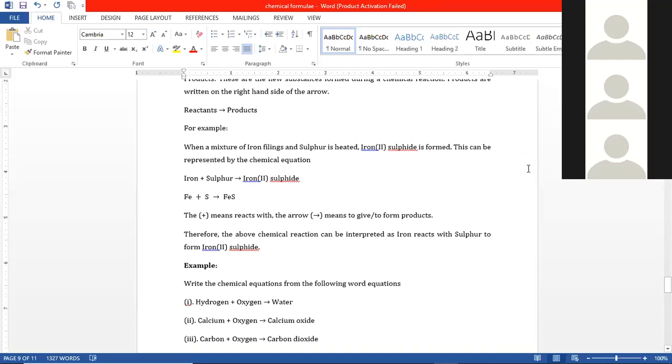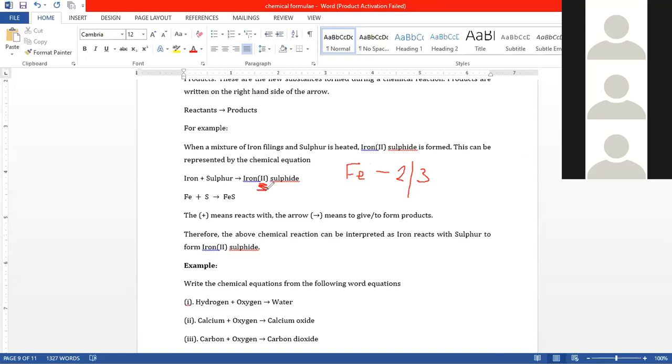So I was still explaining to Johan that if you have an element that has 2 or more valencies, for example, iron has a valency of 3 and a valency of 2, you have to specify what valency you are dealing with. So in this case, we are dealing with iron 2.